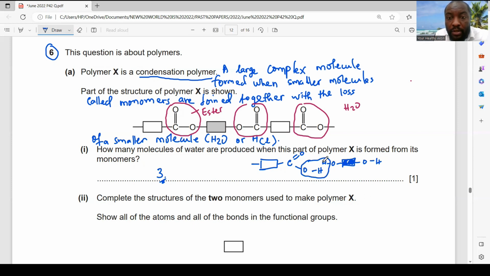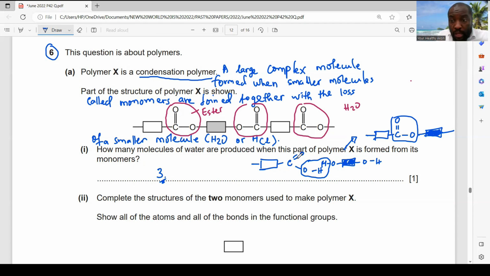When the water molecule is lost, you're going to have an ester linkage. So that is the ester bond formed, which is similar to what we have in the question. And for the production of that ester bond, you have a loss of a water molecule. That's that. Good.